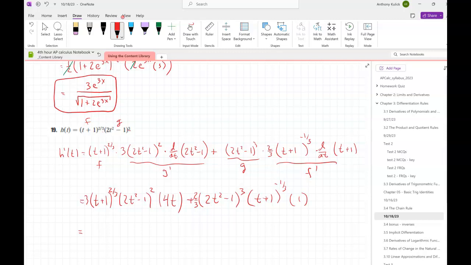That's not what the answer in the back of the book would look like, but that's okay for us. If I wanted to do that, what would I do here? Factor out the 2t squared minus 1 to the squared. Yeah, I would do that. And then I'd have this to the first.